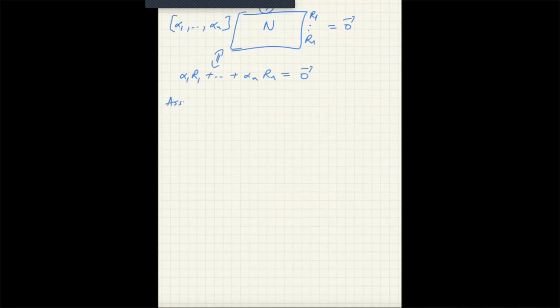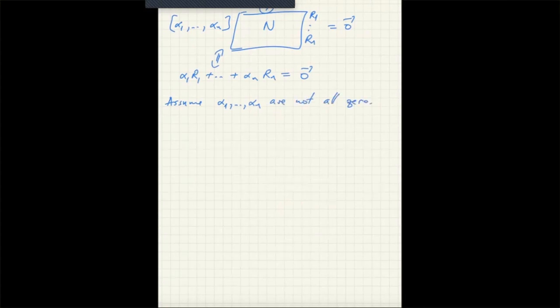We have alpha 1 through alpha n multiplied by the incidence matrix N, which has rows R1 through Rn, and this is the zero vector. That's the same as alpha 1 R1 plus through alpha n Rn being the zero vector. And we assume alpha 1 through alpha n are not all 0.